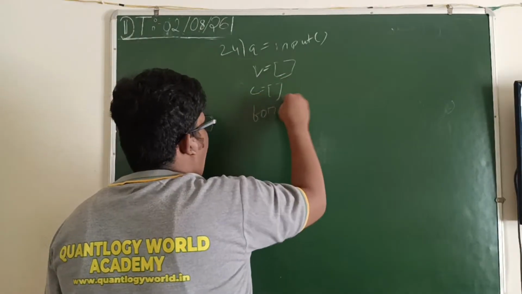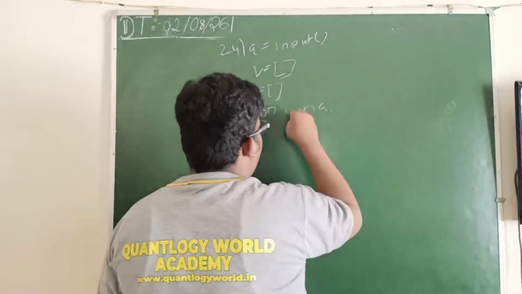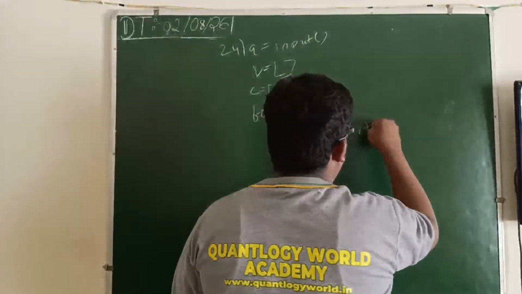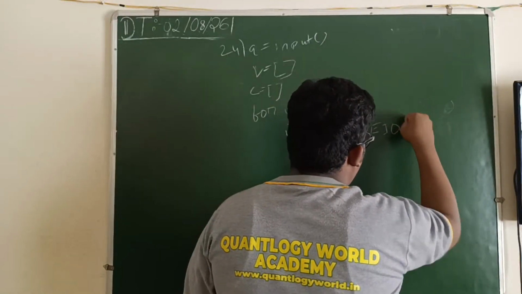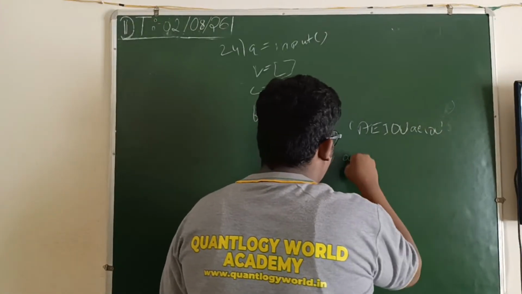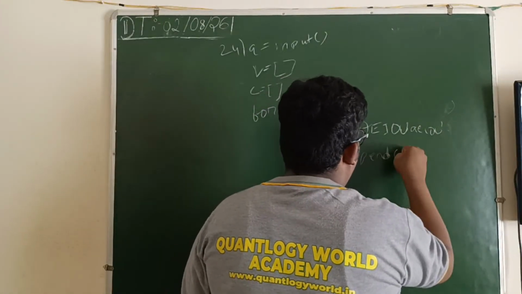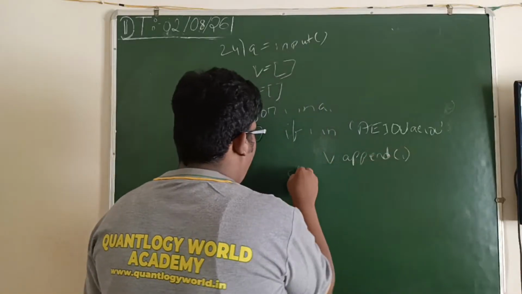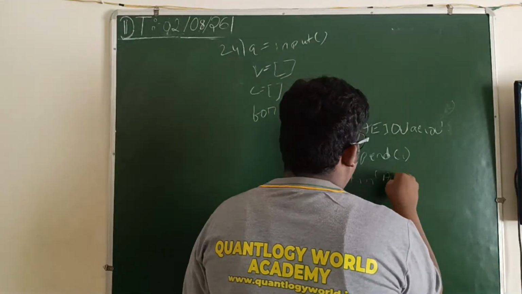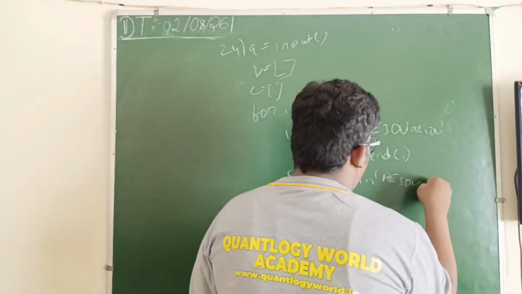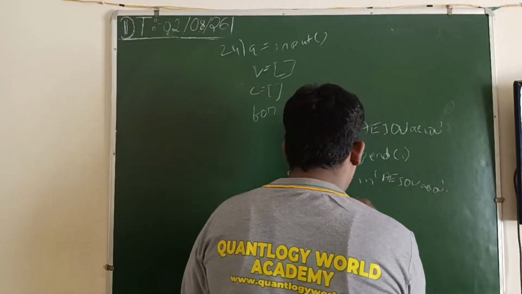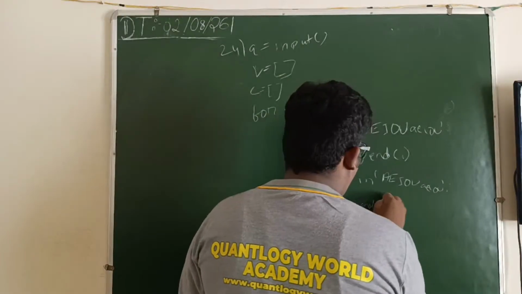For i in a, if i in capital A, E, I, O, U and small a, e, i, o, u, then b dot append i. Elif i not in A, E, I, O, U and small a, e, i, o, u, then c dot append i.